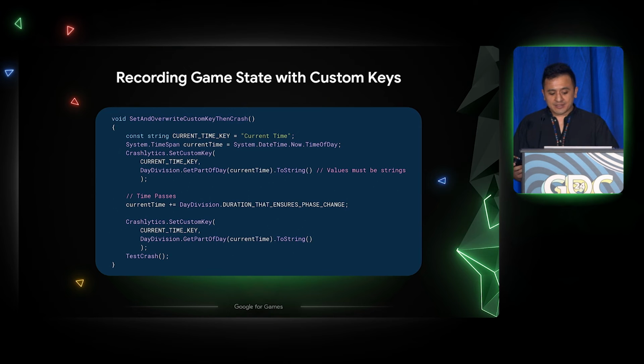The value mapped to the current time key is left only with the last state after adding a time span. And so instead of getting what the first one would be, which is morning, you'll get probably, I forget what value I actually put in the duration that ensures phase change, but I'm just going to guess you get afternoon. But oftentimes when I check it, you get night. So that probably says a lot more about when I'm testing this program, when I work rather than what time it is right now.